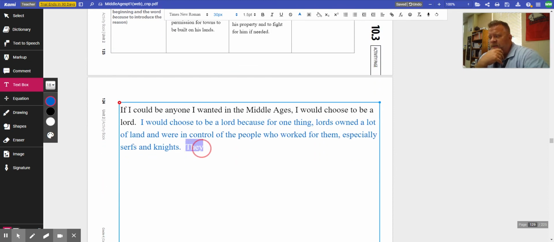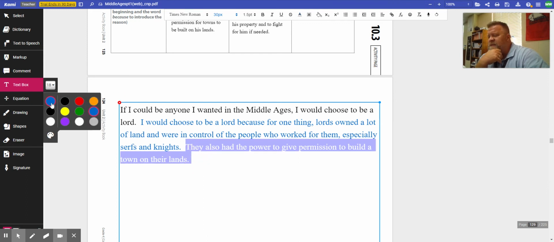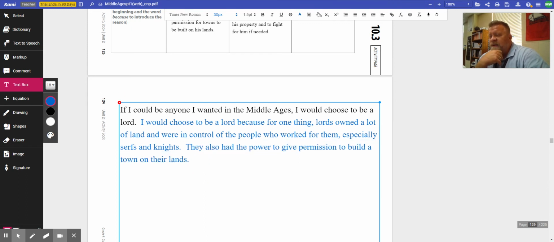Did I do that with the second part? Oh, I did. So let me highlight that in blue as well. They also had power to give permission to build towns on their lands. So I went and put it in my own words again to persuade you. So that's my first reason to support my opinion that I would rather be a lord during the Middle Ages.